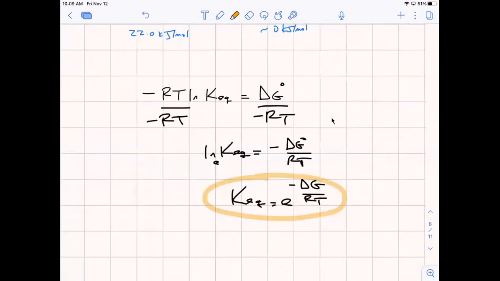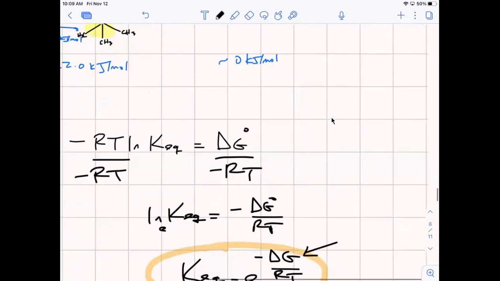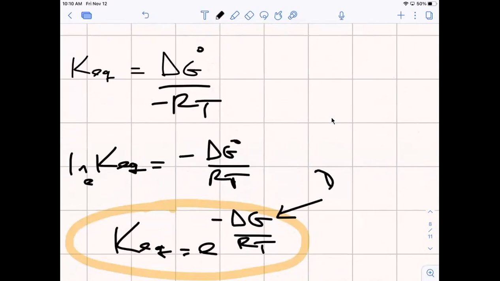Let me explain the terms. We're solving for KEQ, so we're looking for that. But these are numbers that we have. We have delta G, which is the difference in energy between the two conformations.